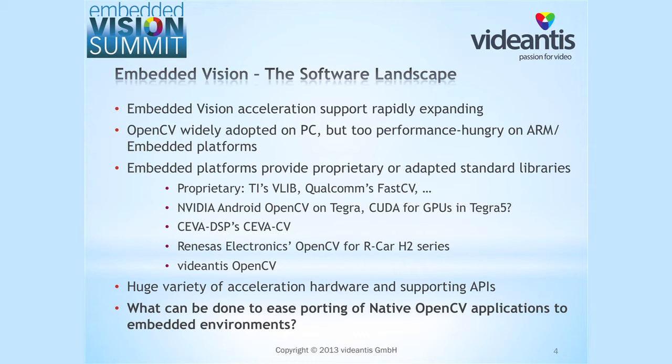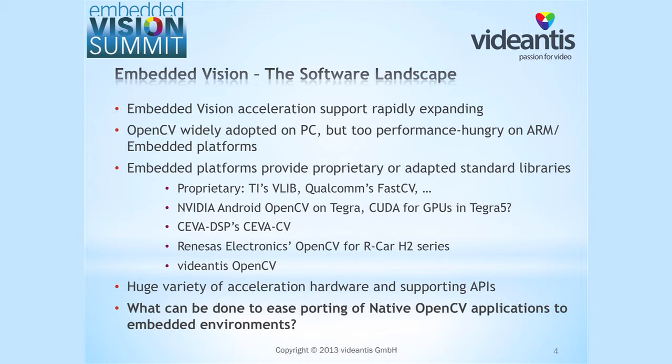We can see that OpenCV is widely adopted in the PC domain, but usually for embedded platforms, it's too performance hungry. So if we look at what manufacturers currently offer on embedded platforms, we can see proprietary libraries, or basically adapted standard libraries. Just to name a few to illustrate how this field is expanding, we have proprietary offers like TI's VLib, Qualcomm's FastCV.